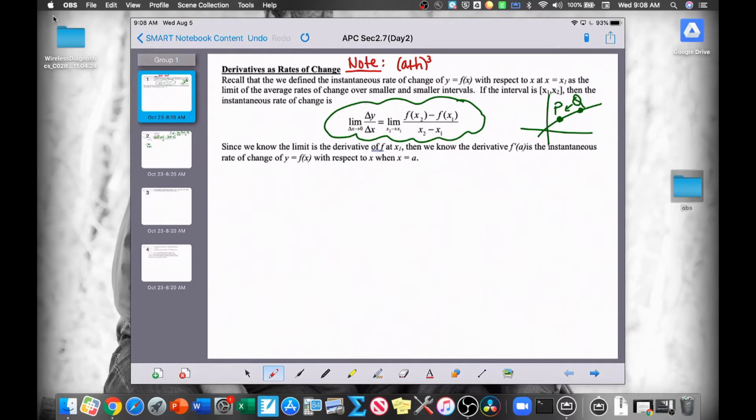A plus h quantity cubed, when you FOIL it all out, gives you a cubed plus 3a squared h plus 3ah squared plus h cubed. And if you don't believe me, you can multiply a plus h times a plus h times a plus h, combine like terms, and I promise you that that is the result that you will get.